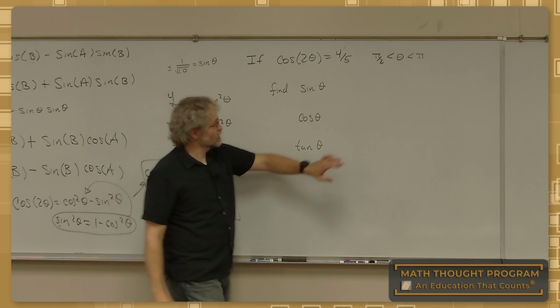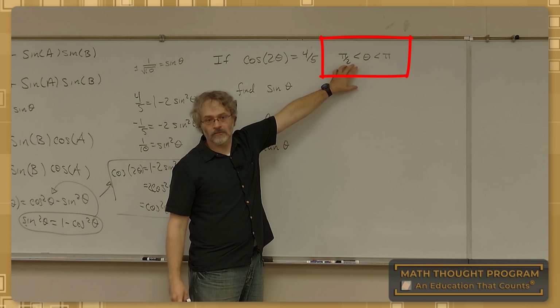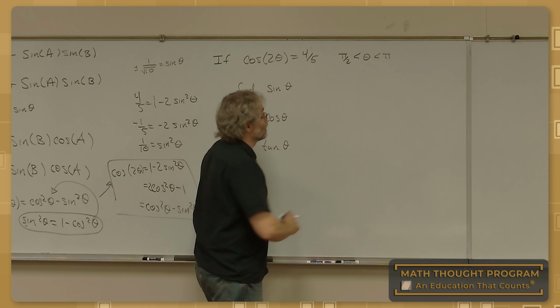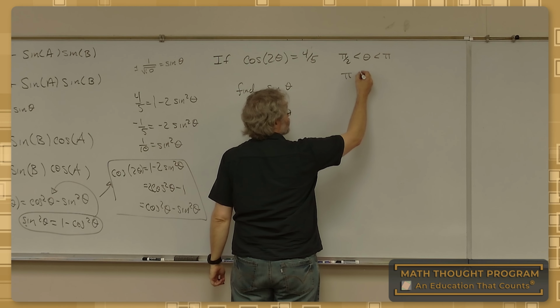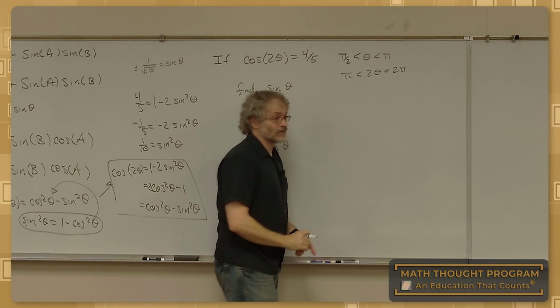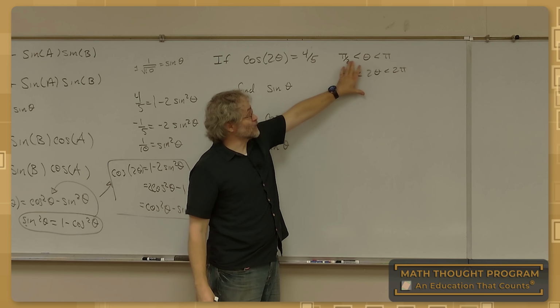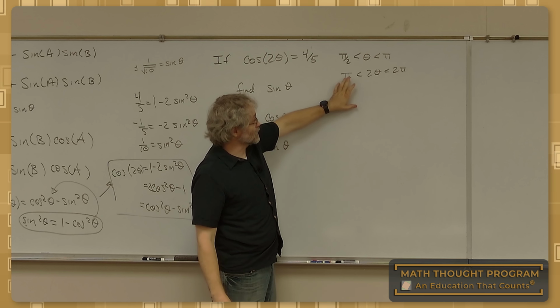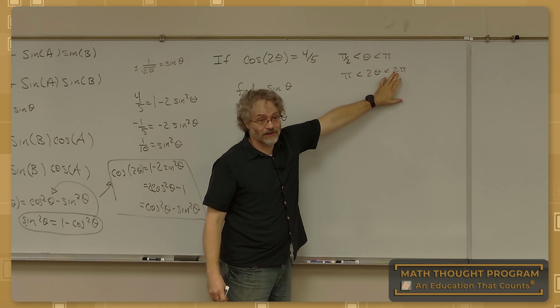Look at the restrictions. If you multiply straight through by 2, you get the restrictions for 2 theta. So for theta, you're between pi over 2 and pi. For 2 theta, you're between pi and 2 pi.